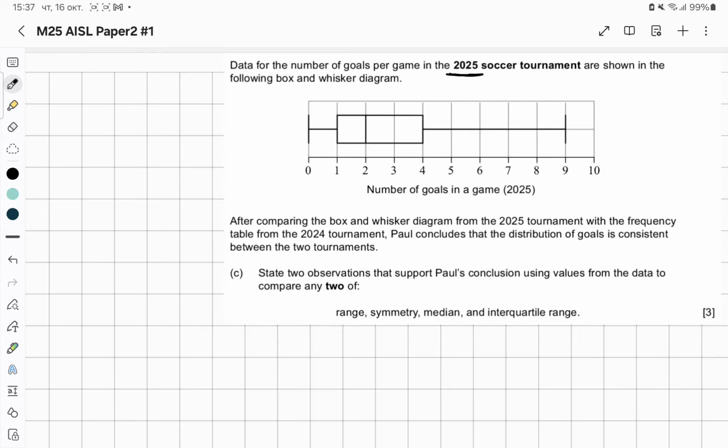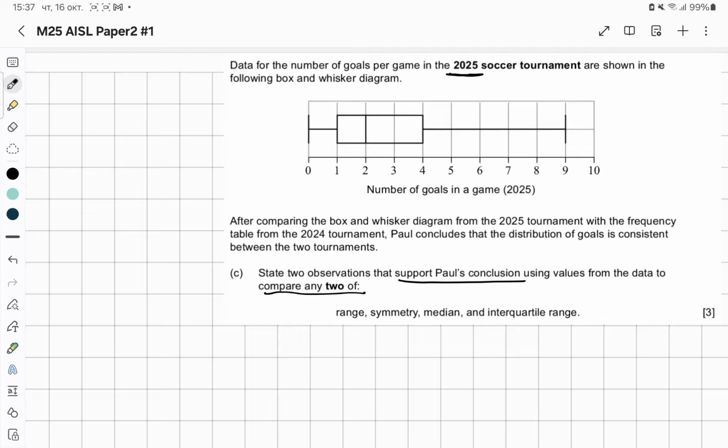After comparing the box and whisker diagram from the 2025 tournament with the frequency table from the 2024 tournament, Paul concludes that the distribution of goals is consistent between these two tournaments. Now the question: state 2 observations that support Paul's conclusion using values from the data to compare any two of range, symmetry, median, and interquartile range.